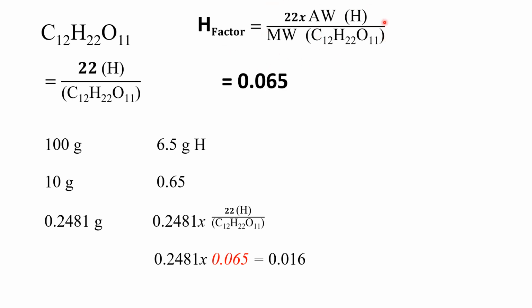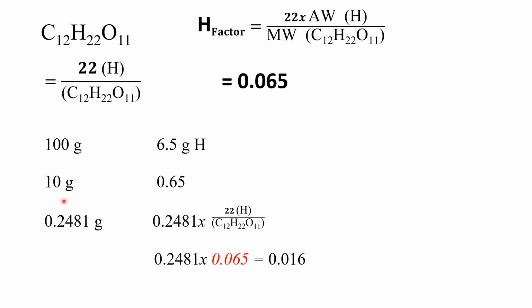So, kung i-compute ko to, I will get 0.065. Ibig sabihin, if I have 100 grams of sucrose, I multiply it by 0.065, I will have 6.5 grams hydrogen. So sa 100 grams na sucrose, 6.5 grams dyan ay contributed by hydrogen.